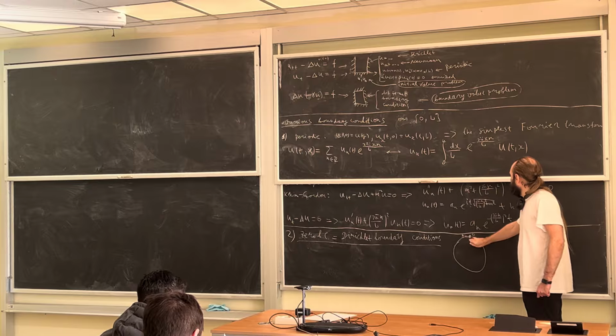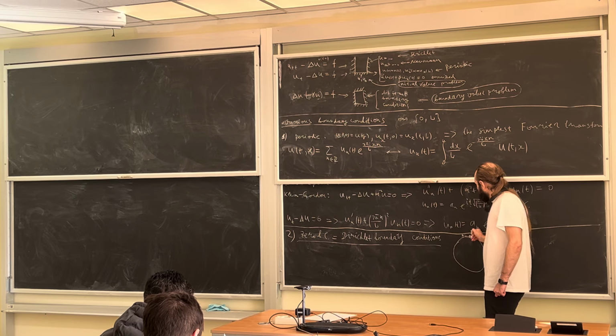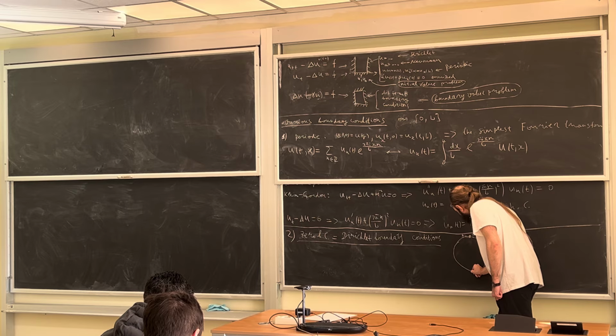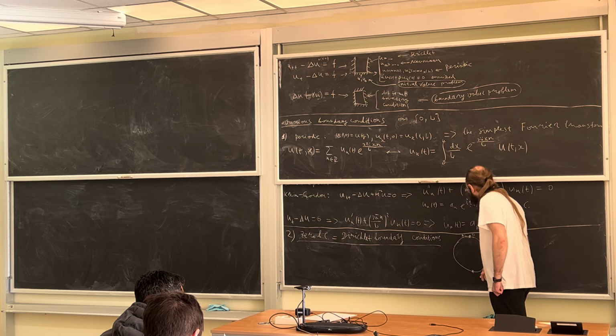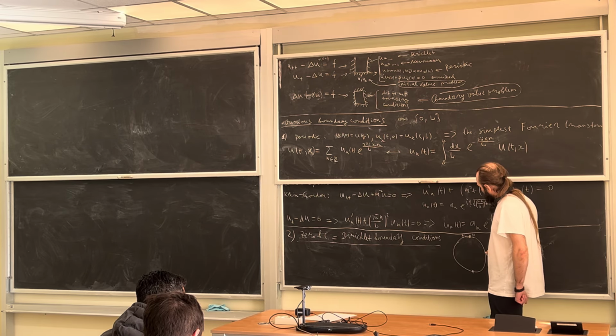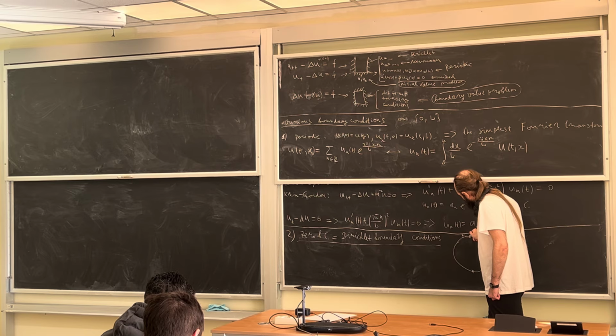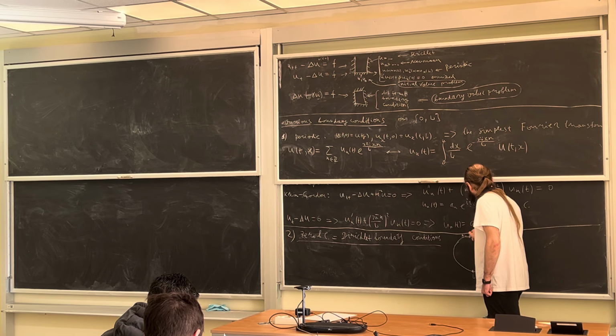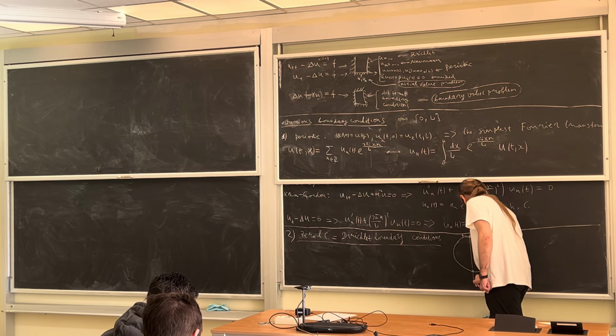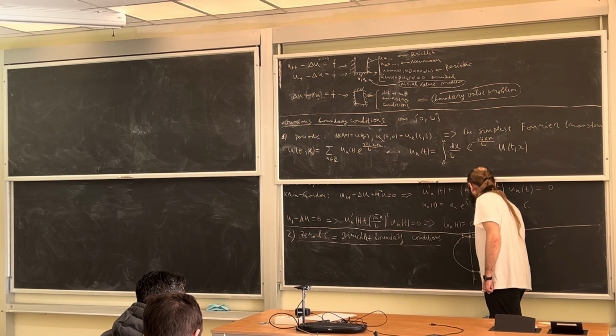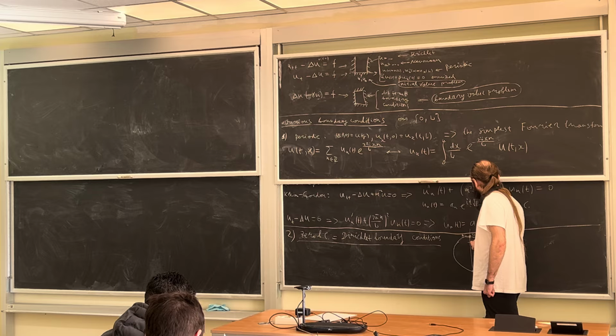And we notice that there is a symmetry that maps x to minus x, which can be drawn as this mirror symmetry of a circle. In a sense, it can be thought as a reflection along this line.